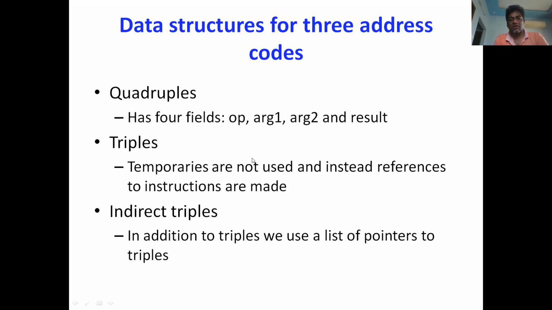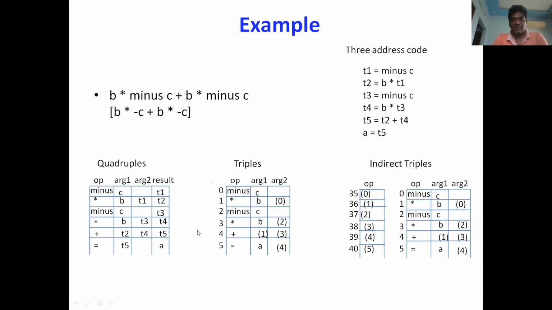Instead of that, we will make use of the positions of the table as references to point to the corresponding sub-expressions. And indirect triples maintain a separate list of pointers to the corresponding triples. So we'll see these three kinds of data structures for representing the three address codes. Okay, let us understand one by one now.